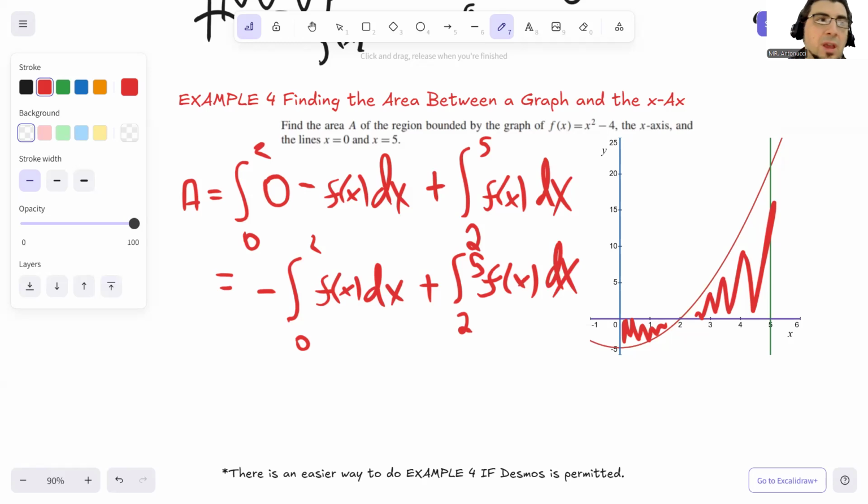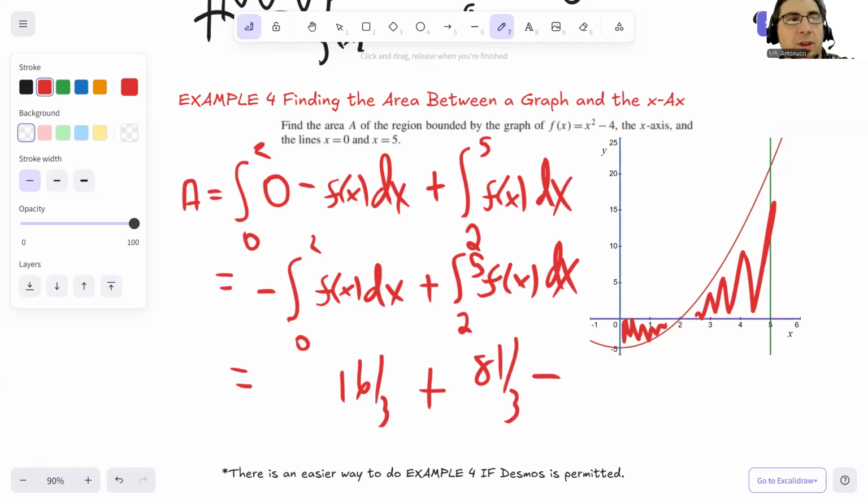And so if you took the antiderivatives, you would get, for this first one, 16 thirds, and the next one you would get 81 thirds, and then it would be 32.333 repeating square units.